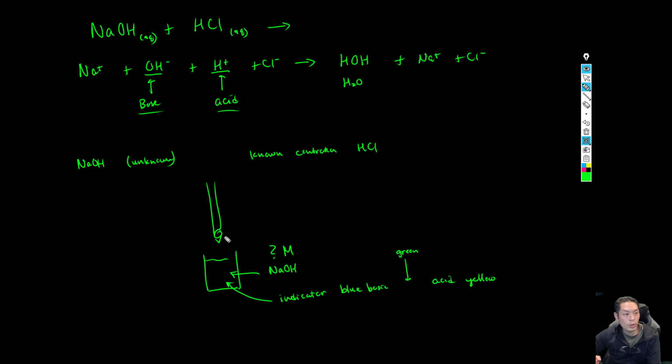A buret is a cool instrument. It looks like a long graduated cylinder. The weird thing is that the zero's on top, and usually it goes to 50, so this is a 50 mL buret. Ideally you fill it up to 0, and then when you open up the nozzle, remember when it's parallel, this is open.